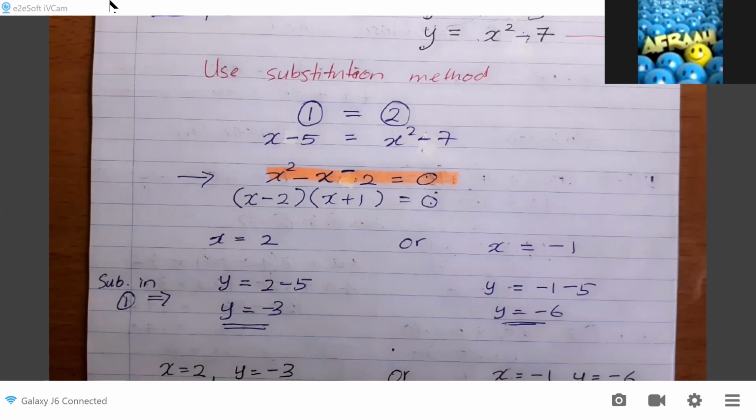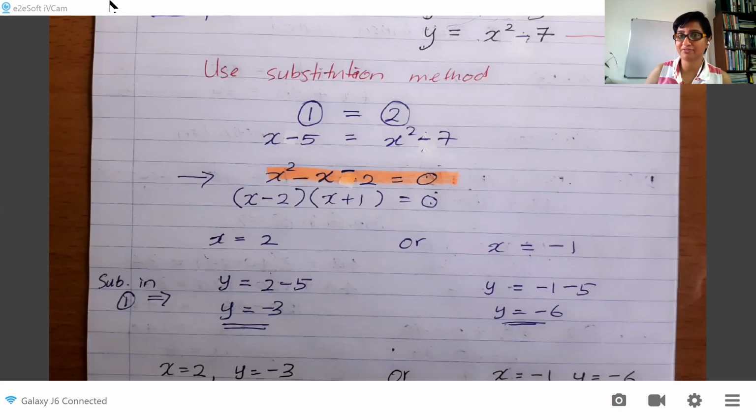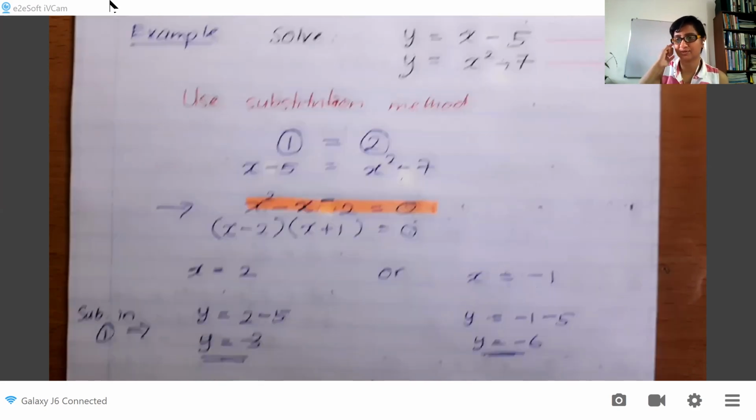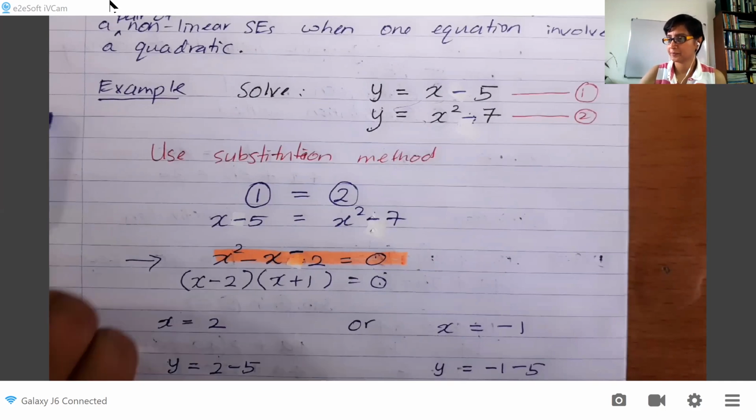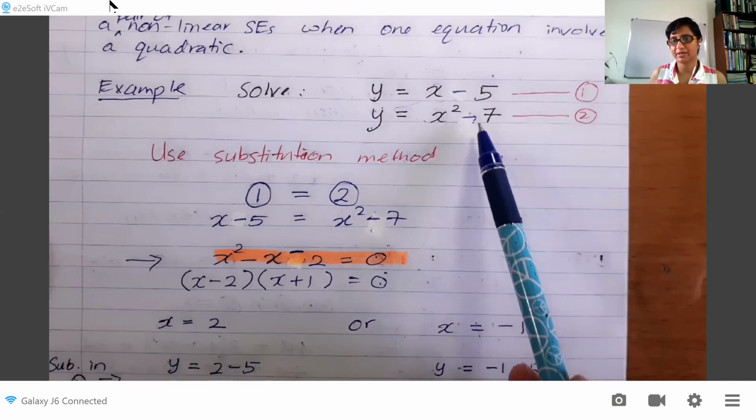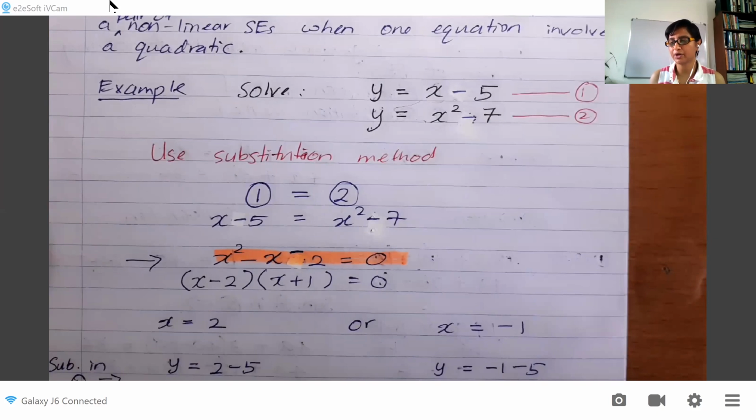Miss? Yes, Afra? Miss, is it possible to solve nonlinear simultaneous equations using an elimination method? That is a good question. Now, if you look at this example I've given you, this pair, okay? In elimination method, what do you try to do?